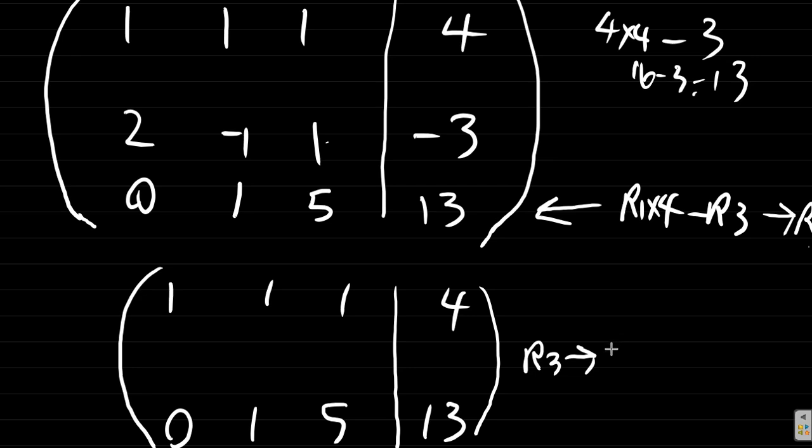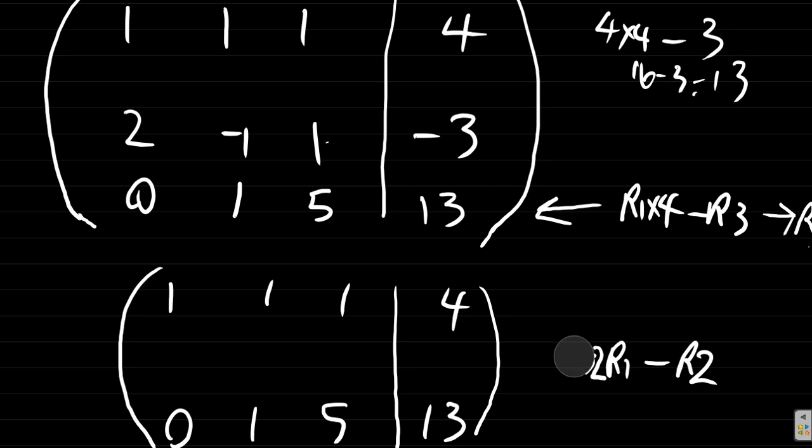Right? So row 1 times 2. Sometimes I see them write 2 row 1 instead of row 1 times 2. Right? 2 times row 1 minus row 2. I write 3 there. Minus row 2 will give you row 3.